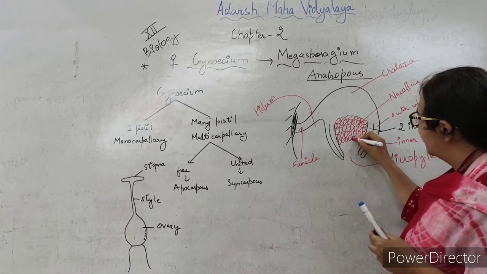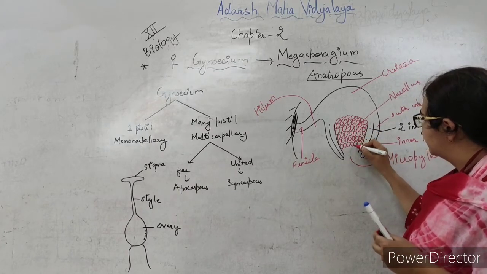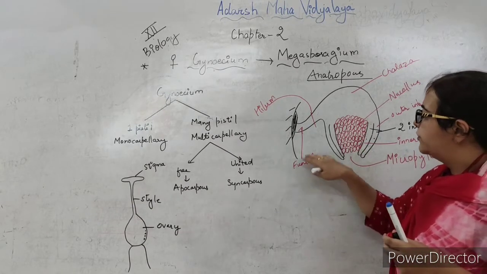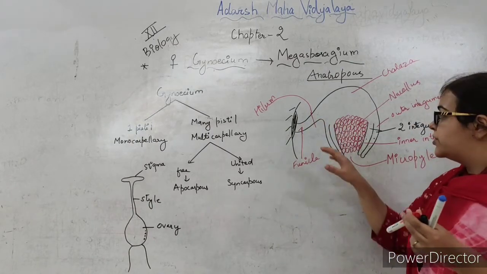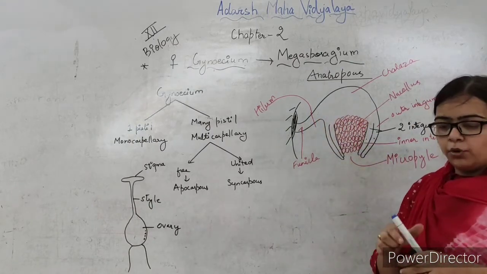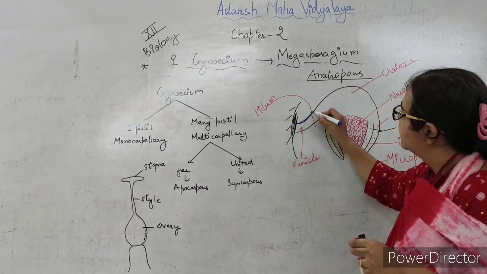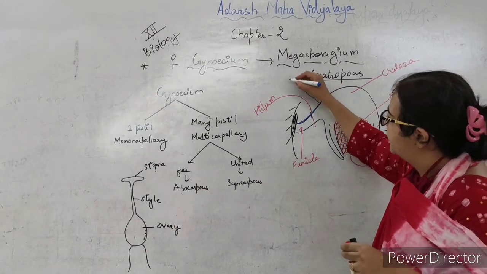The female gametophyte will develop from this area. Now there is a part of the funicle which is extended on the main body of this ovule like this, and this is called nothing but raphe.